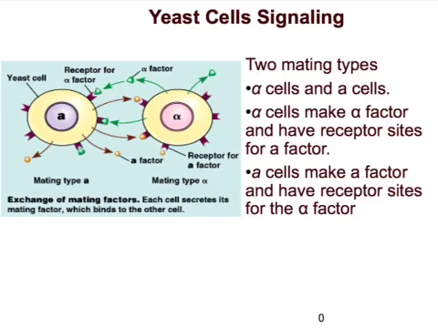All right, so this exchange just keeps going until reception happens, so until the factors bind to their respective receptor sites, and then it will cause the two cells to fuse to each other, thereby syncing their genetic information, which are different from each other because one's an A cell and one's an alpha cell, and then meiosis is going to occur.